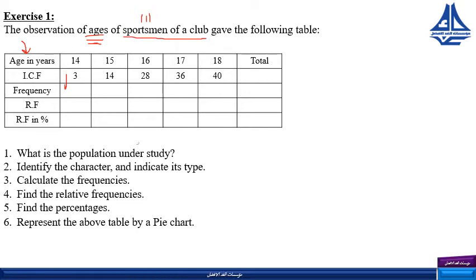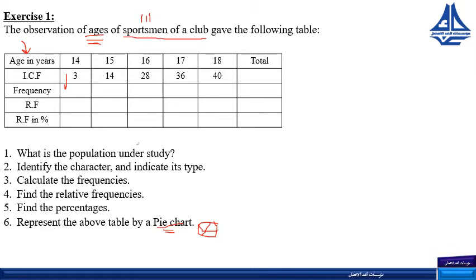In the fifth part, calculate the percentages. Also, if you know RF, it's so easy to calculate the percentages. And finally, represent the above table by a pie chart, which is a circular diagram. We should represent this table.